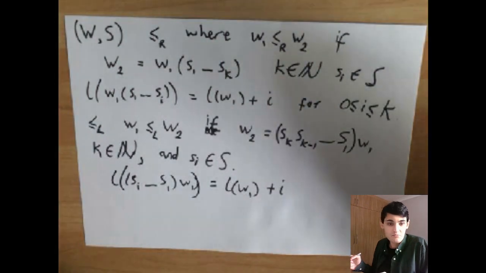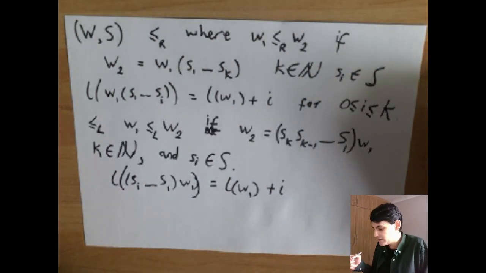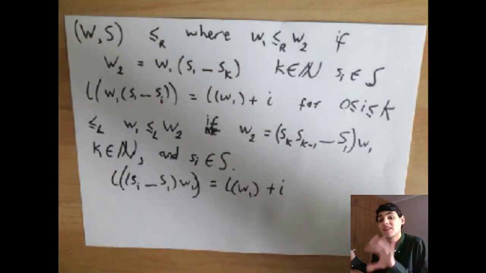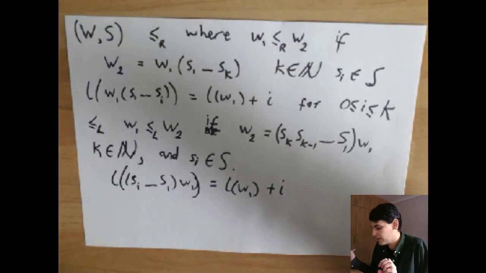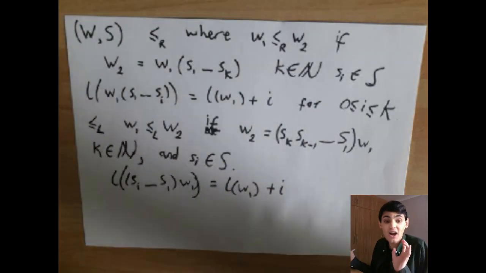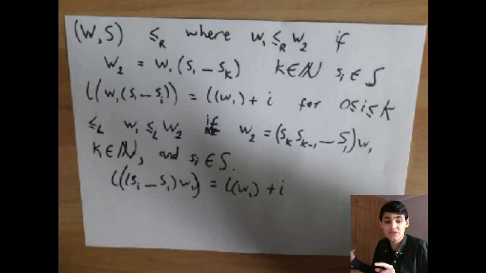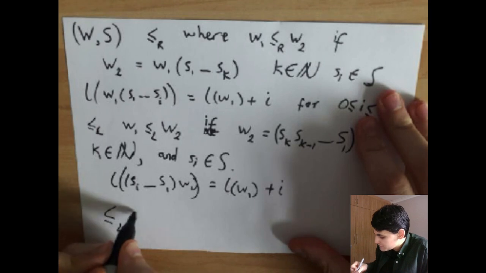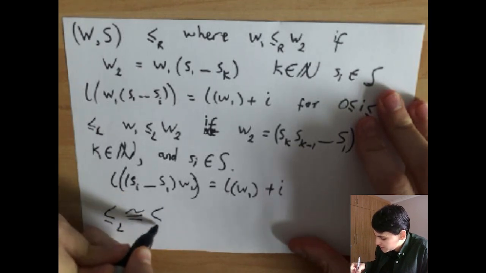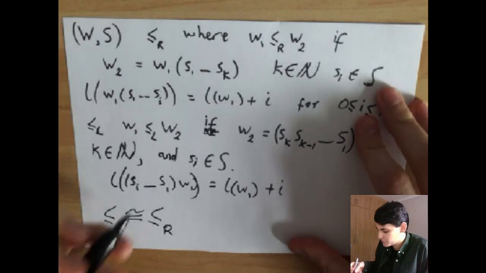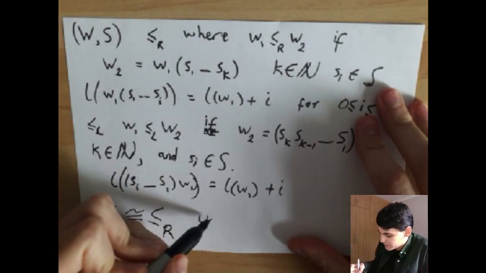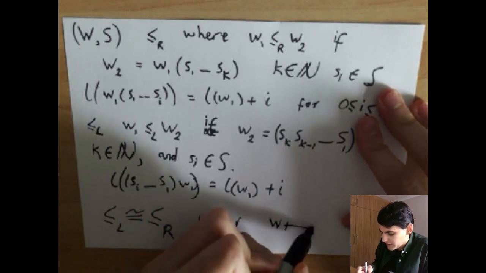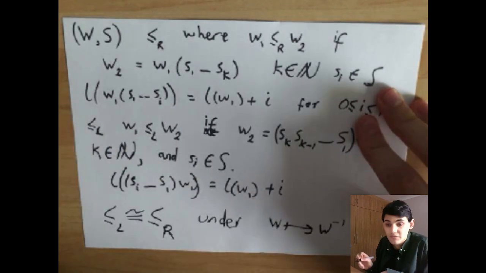But what's interesting is that we've been talking about the right weak order and the left weak order so far, and that is because they are distinct partial orderings, but the left and the right weak order are isomorphic under the map W is sent to W inverse.